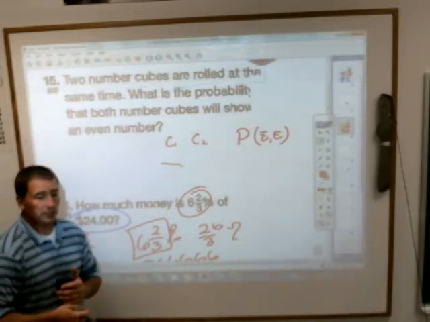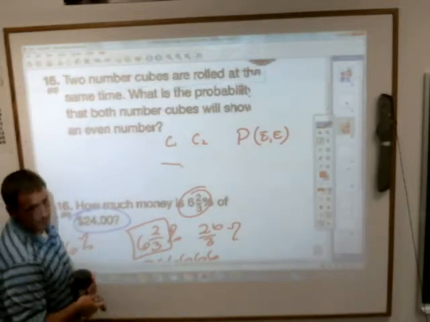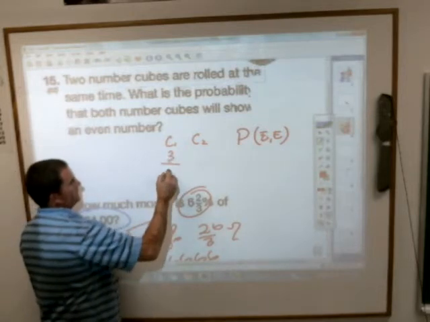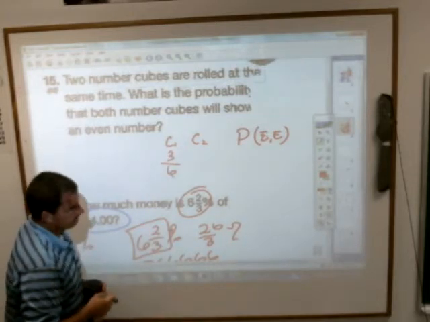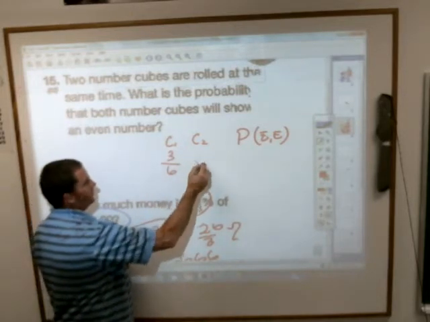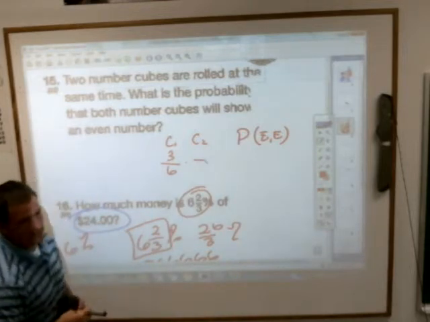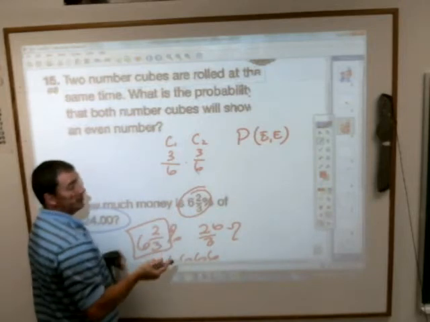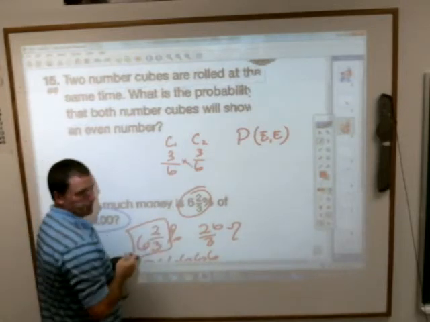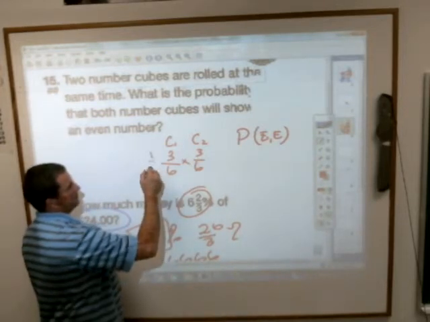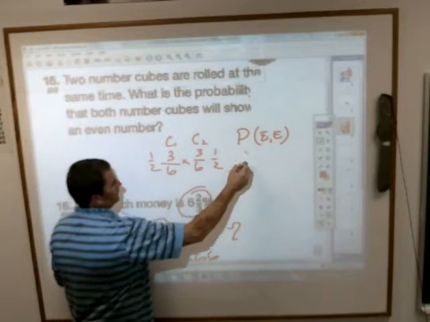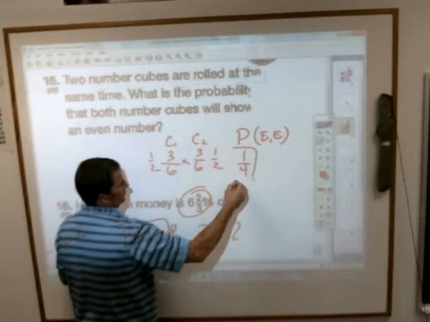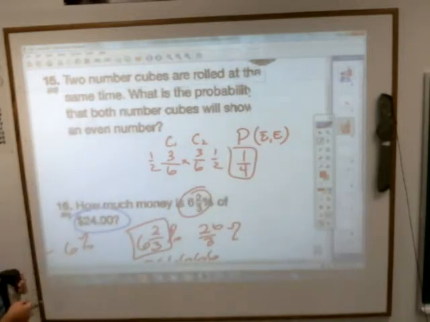How many sides are on a cube? 6 sides, and 3 are even. Rolling the same cube again is the same. The probability of both happening is these multiplied together. 3 out of 6 is the same as 1/2, so you end up with 1/2 times 1/2, which is 1/4 of the time you should get 2 even numbers.